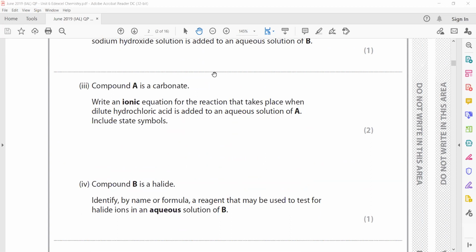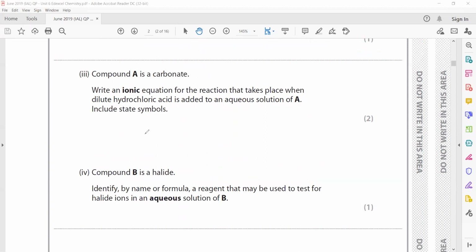Write an ionic equation for the reaction that takes place when dilute hydrochloric acid is added to an aqueous solution of A. So when we are writing an ionic equation, a carbonate ion is there.